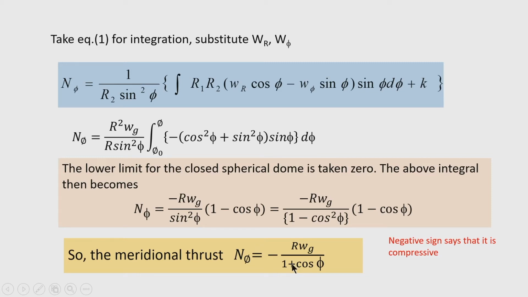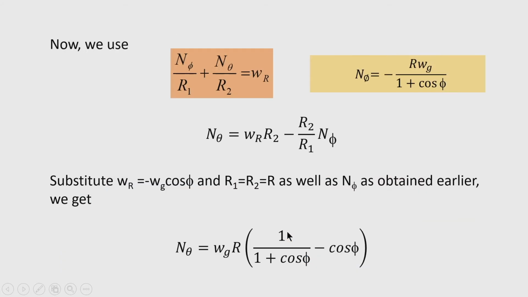For this type of shell, even if we construct it with reinforced concrete, it remains in compression for any vertical loading and meridional angle phi. For any meridional angle for the shell surface that we assign in the design, it will remain compressive. That gives an advantage to the design of concrete structure, because concrete is very weak in tension. So, if it remains in compression, we have the advantage of designing the structure.